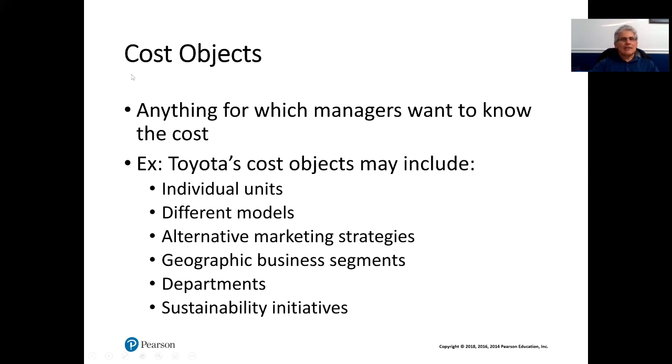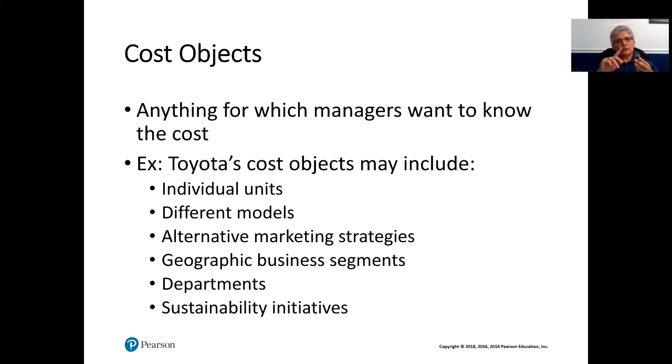But what I'm going to suggest to you is that in this context, when we use the term cost objects, I want you to think of the term objective. This is kind of weird, but we're talking about cost objects, cost objectives. What is it that we're trying to achieve with tracking our costs? In other words, are we tracking costs by products?